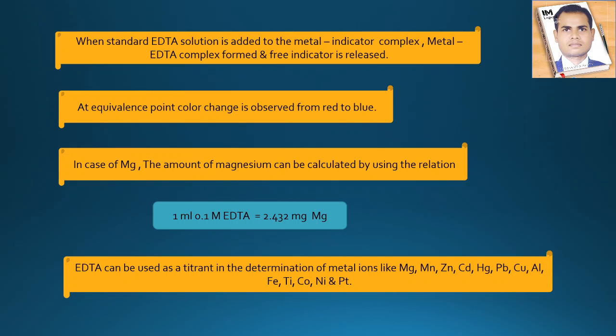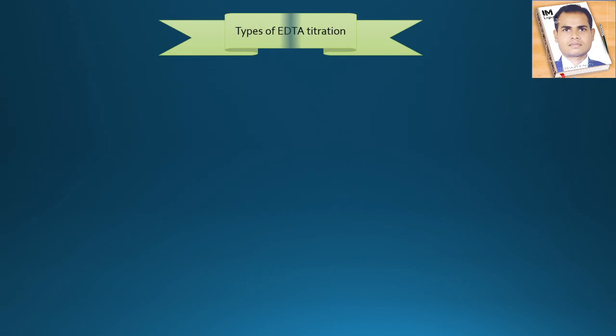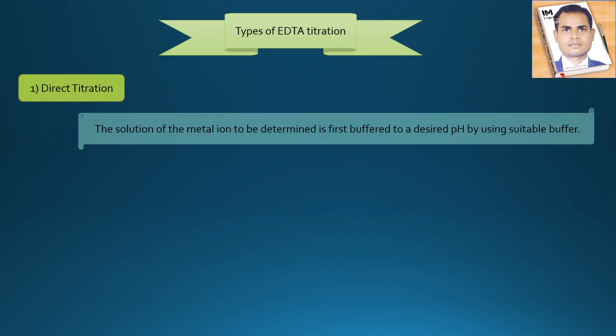Now we have to see the types of EDTA titration. They are divided into two types. First of all, the direct titration. In this case, the solution of the metal ion to be determined is first buffered to the desired pH by using a suitable buffer.